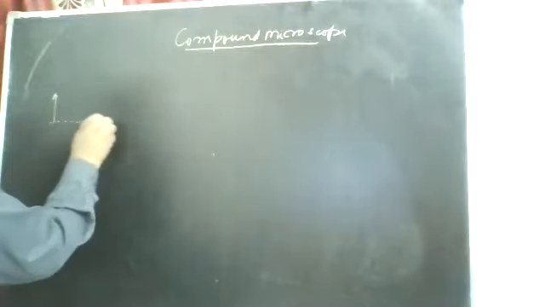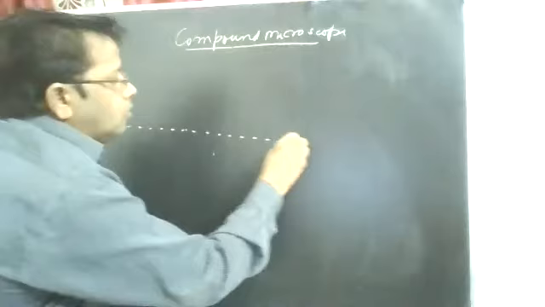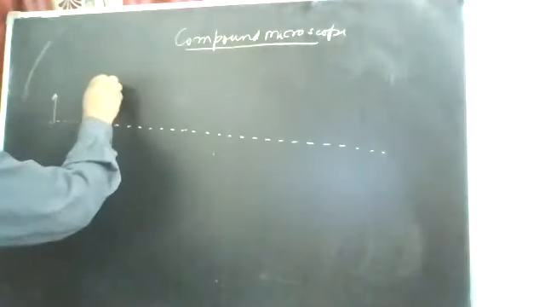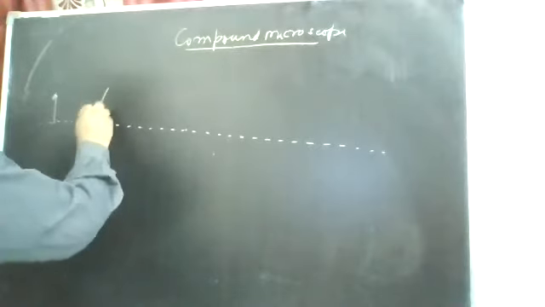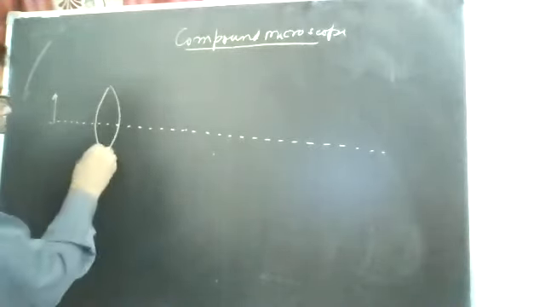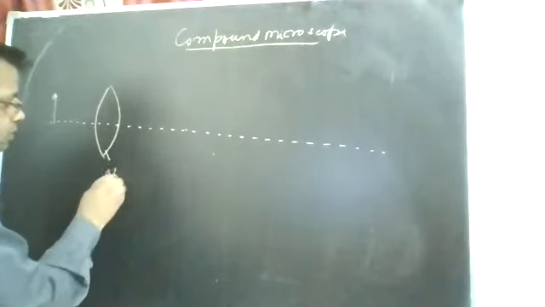If this is the object, this is the principal axis, and the lens is here. This is known as the objective lens.